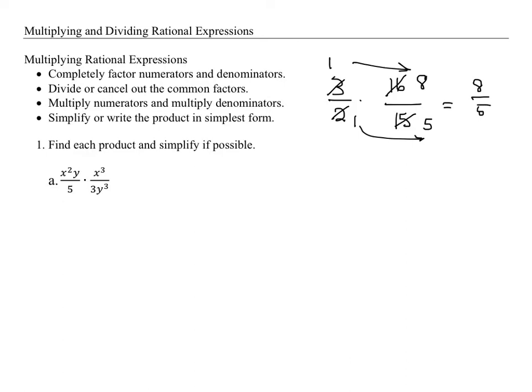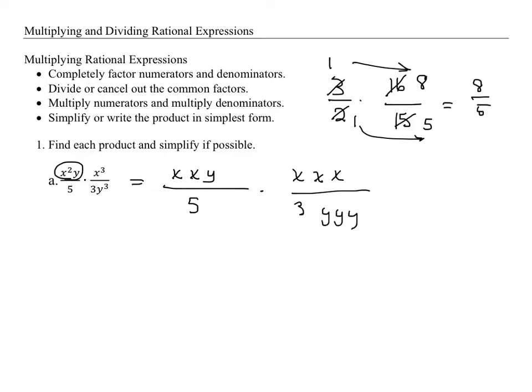Same thing here. This first one, everything is connected by multiplication, so I really cannot factor. But this is the deal: I'm going to write that numerator as x times y, the denominator as x, 3y, y.